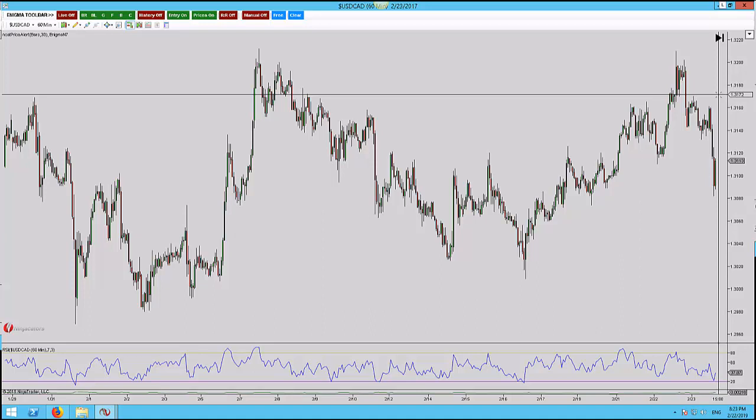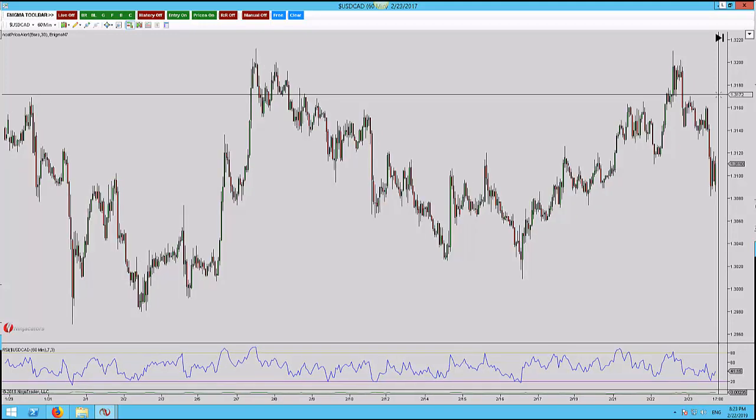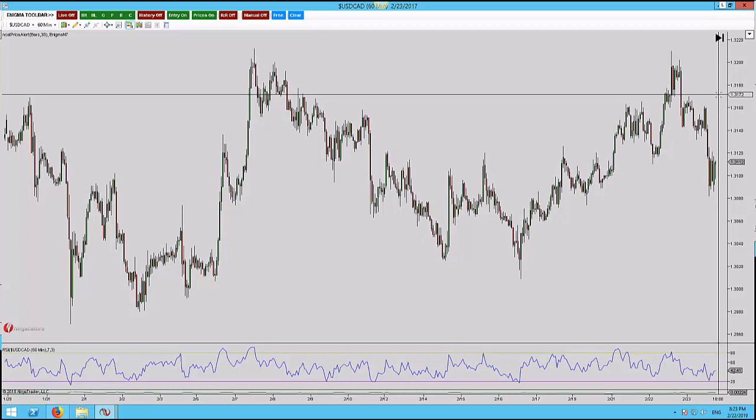Okay, we've had a break to the downside. I do think we're going to get a big breakout to the downside soon, just looking at the dailies. Okay, this is interesting. Let's bring over the 15.